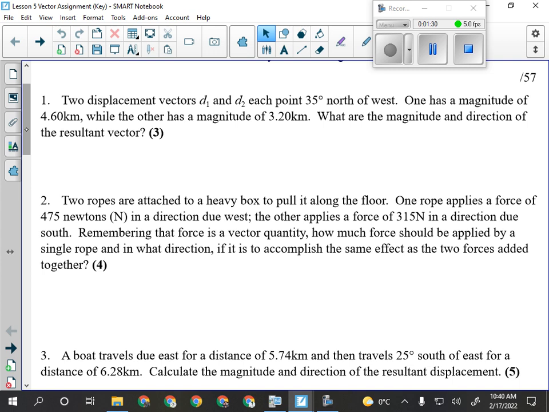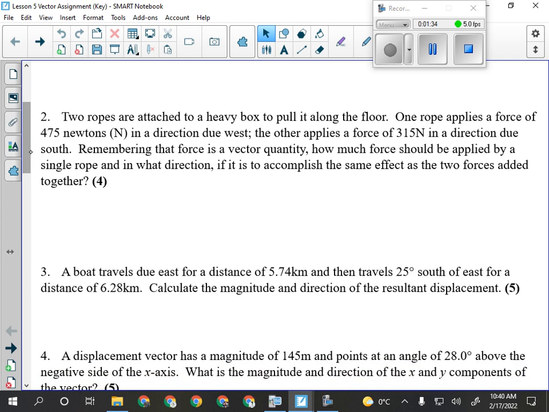Okay, for number 2, what throws people is the context of the question, because they visualize it, which is good. I want you to visualize this. But unfortunately what people do in question number 2 is they go too far with their visualization.